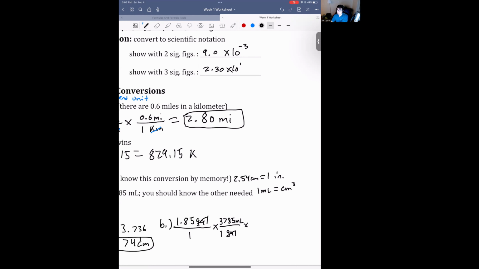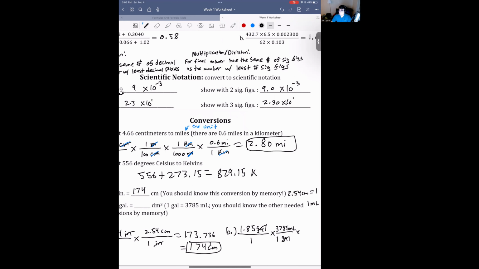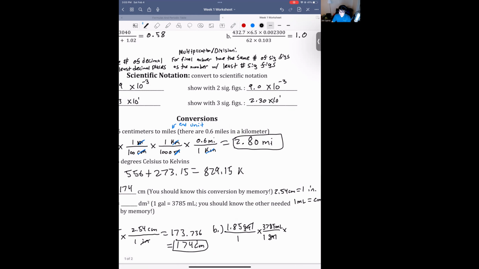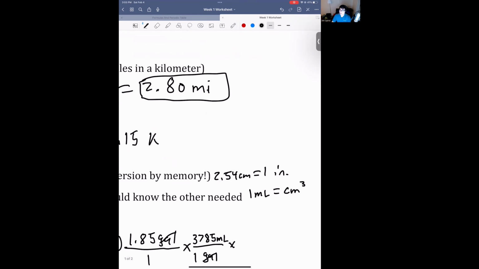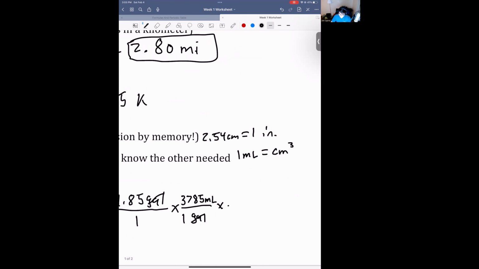So we're going to use this conversion to convert from a milliliter or liter type of unit, volume unit, to a length cubed type of unit. So we know that 1 milliliter is 1 centimeter cubed, and those milliliters cancel out.